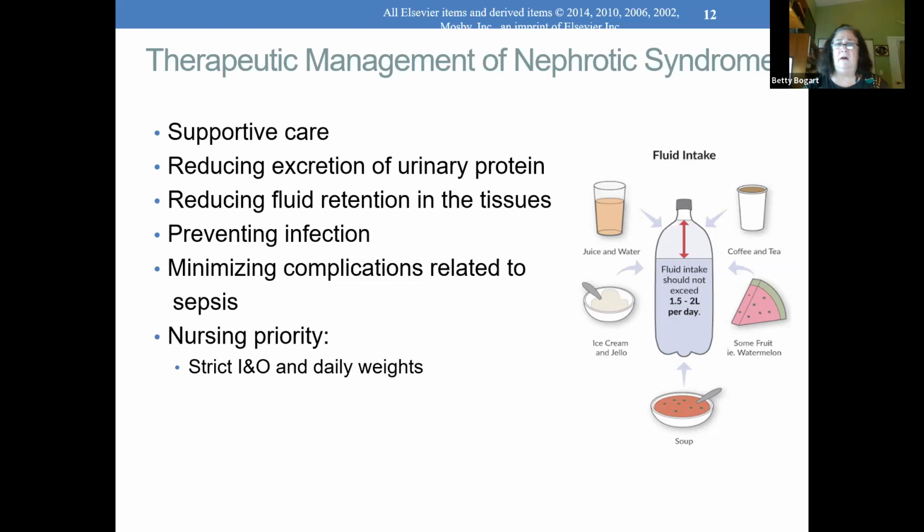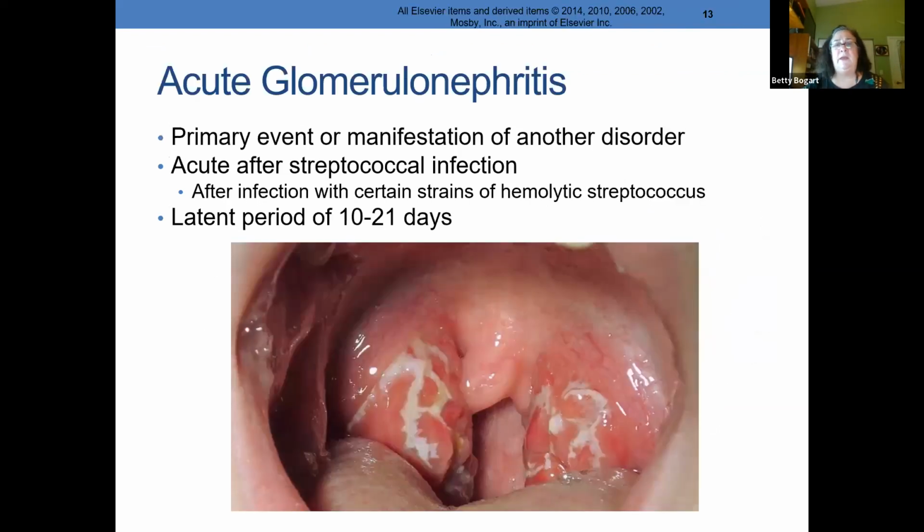We're going to be monitoring them for infection. And the biggest nursing priority in nephrotic syndrome is strict I&O and daily weights. We can see if their fluid is increasing or decreasing. So very important for us, intake output, daily weights.